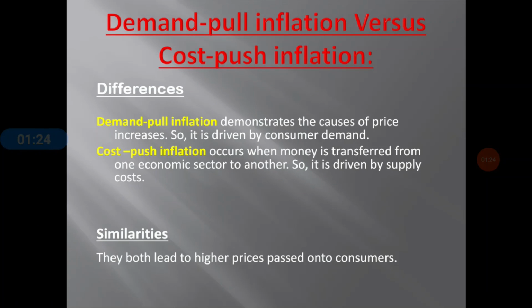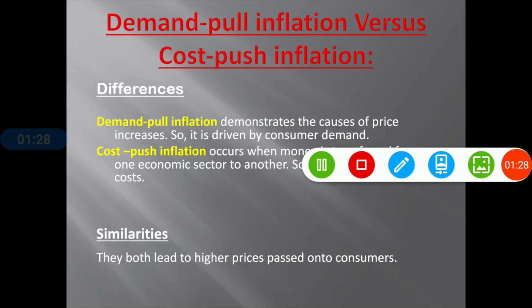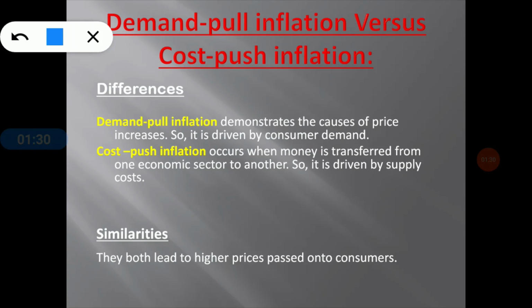So here are some differences between demand pull inflation and cost push inflation. We have already explained both in a broader perspective, but in short, demand pull inflation originates from aggregate demand forces, and that's why it is known as demand pull inflation.